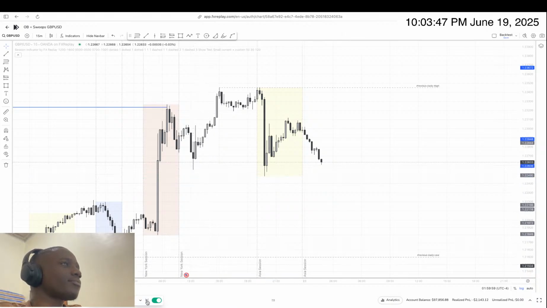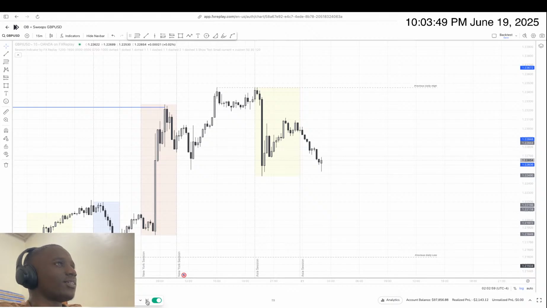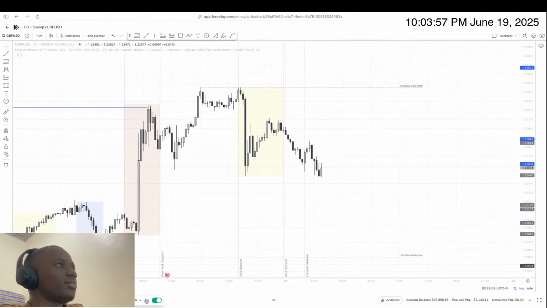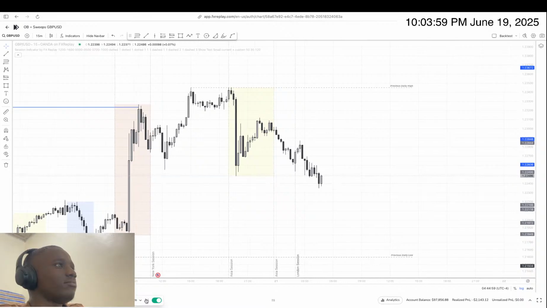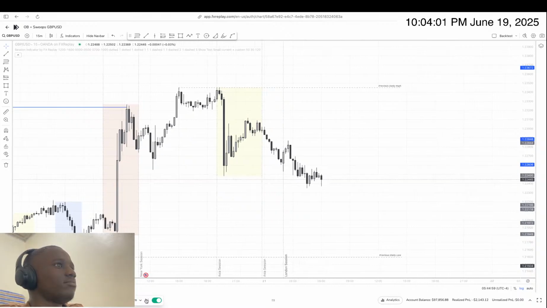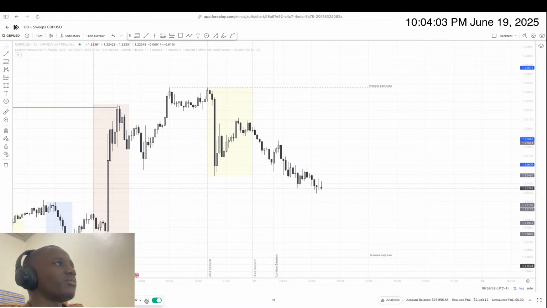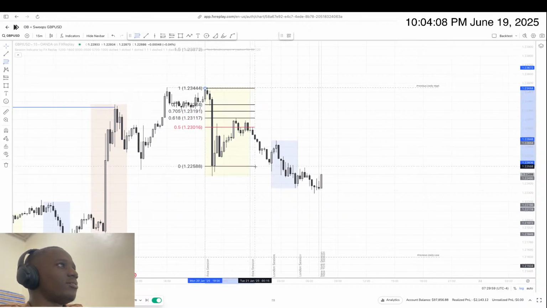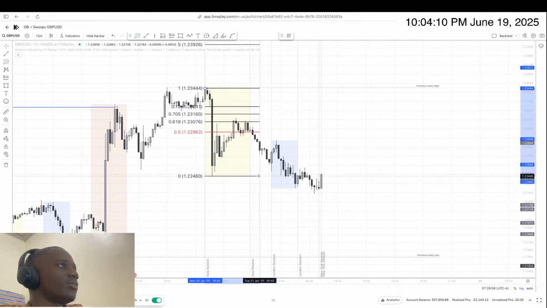So if we get a more clear shift, then that's when an entry will be ready. But I'm just looking to sell so far. I know the market will find a way of dropping to that level. Just after it returned into OTE of this move, tapped into this level and then dropped.